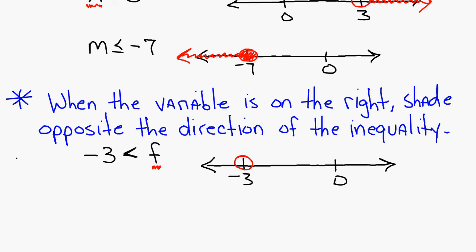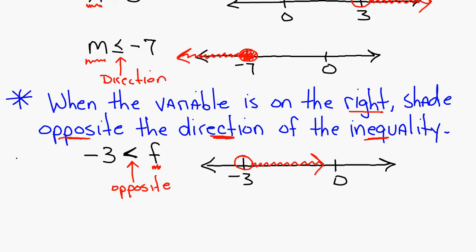This inequality is pointing left, so you're going to shade to the right. When the variable is on the right, shade opposite the direction of the inequality. In this case, the variable was on the right, so you shade opposite of this direction. Up here, the variable was on the left, so you shade the direction of the inequality. All right, so up here it's direction, and up here it's opposite. Very important.